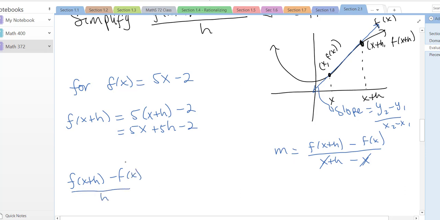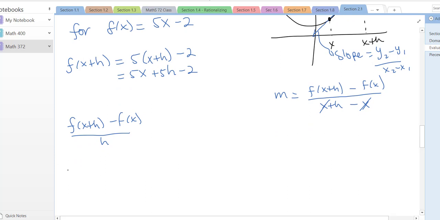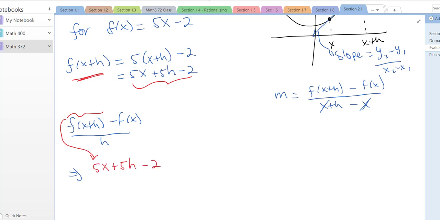So in this particular case, f of x plus h is going to get substituted with 5x plus 5h minus 2, and then minus f of x. F of x is the original function, 5x minus 2.